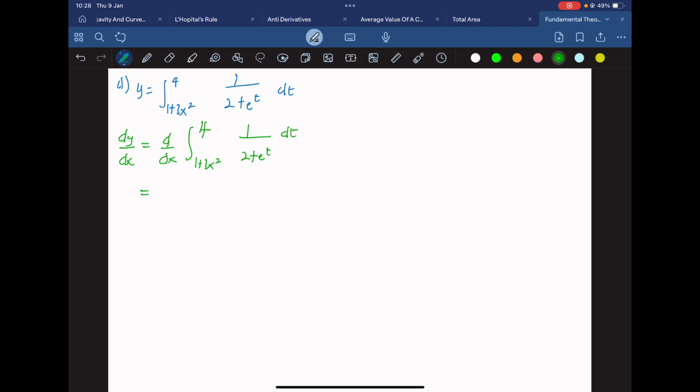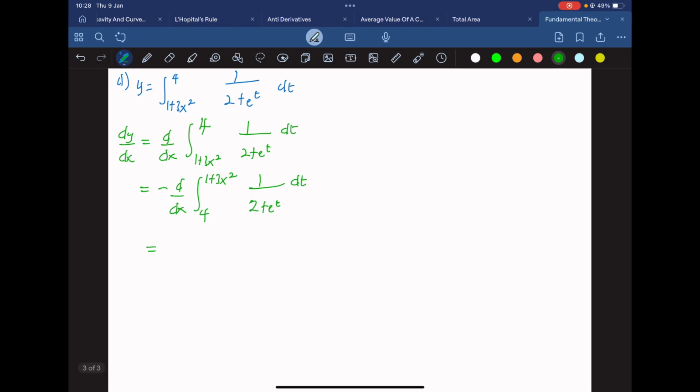Note that we always want the constant to be down here, but now it's up here, so we have to interchange it, and interchanging gives a negative in front. We have negative the integral from 4 to 1 plus 3x squared of 1 over 2 plus e to the t dt.